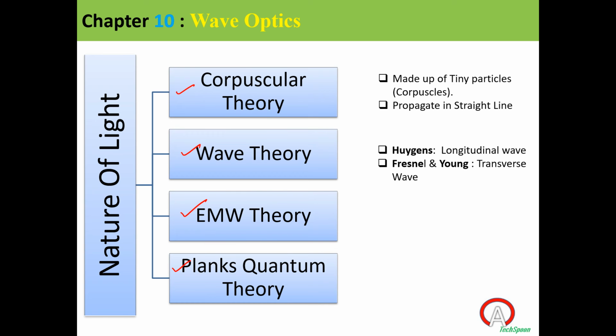So if the wave is moving, the particles in the water will move up and down, right? What type of wave is it, longitudinal or transverse? These are transverse waves. That means the particle in the medium is oscillating perpendicular to the direction of propagation. Wave is moving like this, but the particle is oscillating perpendicular to that. So that is a transverse kind of wave.